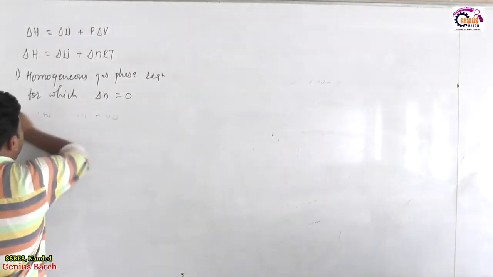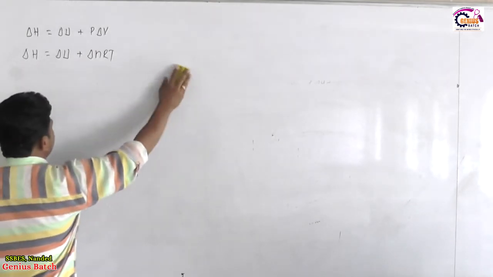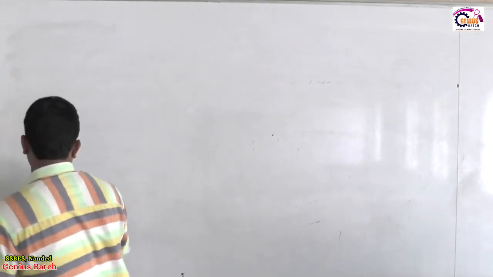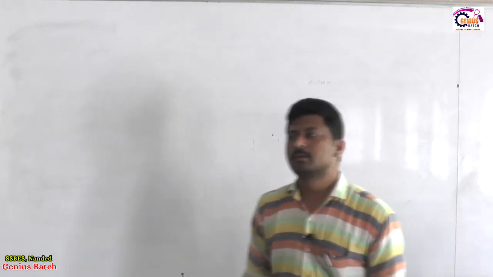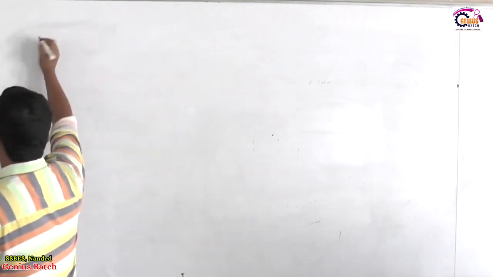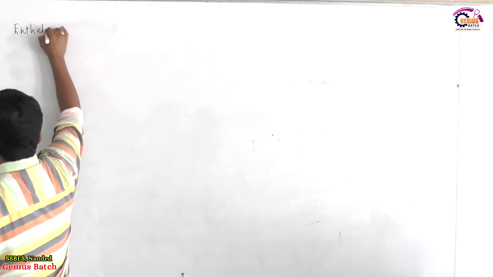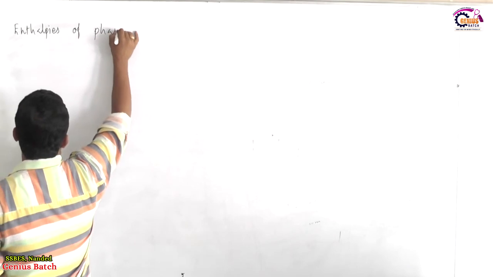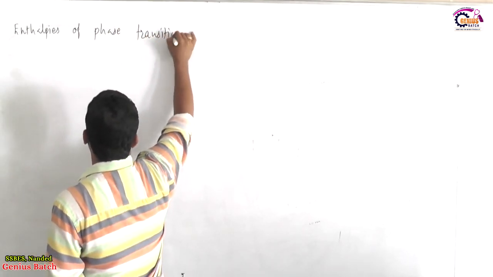Now next to this, we are about to start enthalpy change in a phase transition. These are the theoretical values and definitions, and we would see them one by one. So next to internal energy and enthalpy change, we will start with enthalpies of phase transitions.